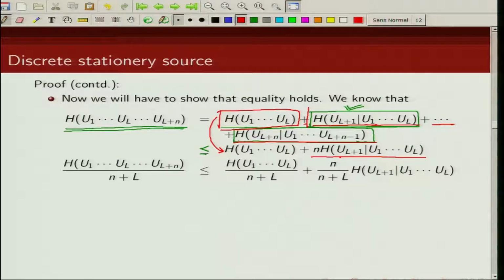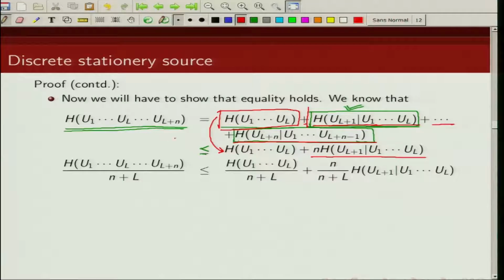And this follows from the second property, which states that as L increases, uncertainty in UL given U1, U2, ..., UL minus 1 is non-increasing. Fine.